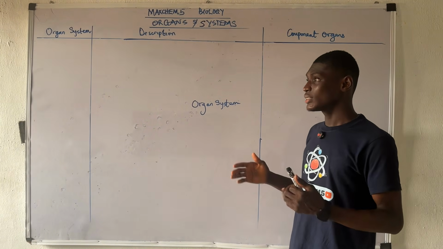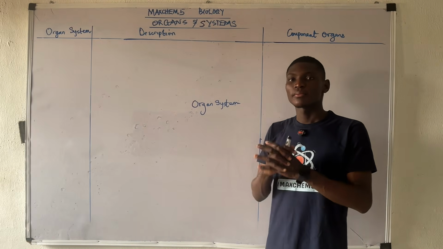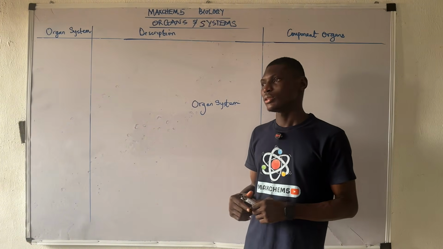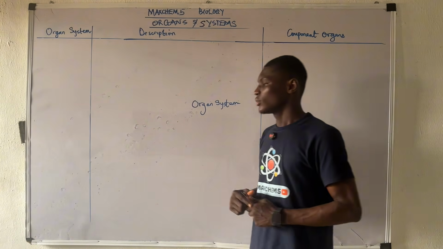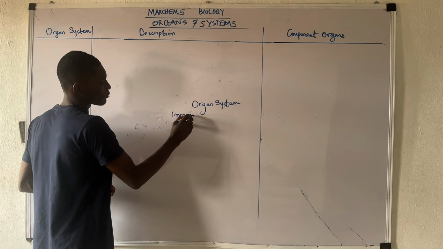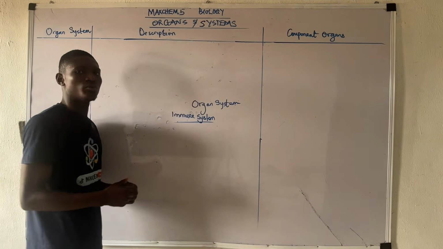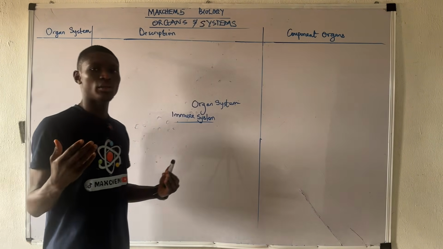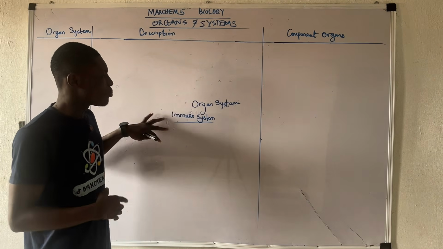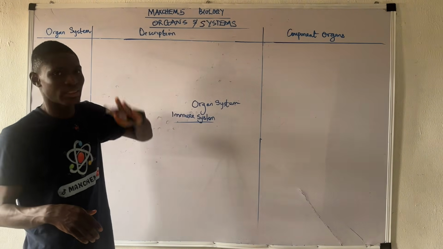There are 11 distinct organ systems in the body that make the basis of human anatomy and physiology. And there are other systems in the body that are not composed of organs, such as the immune system. The immune system is a system in the body that helps to fight against foreign pathogens, fight against infections, but it is not in itself comprised of organs. So that is why today our emphasis is on organ systems.